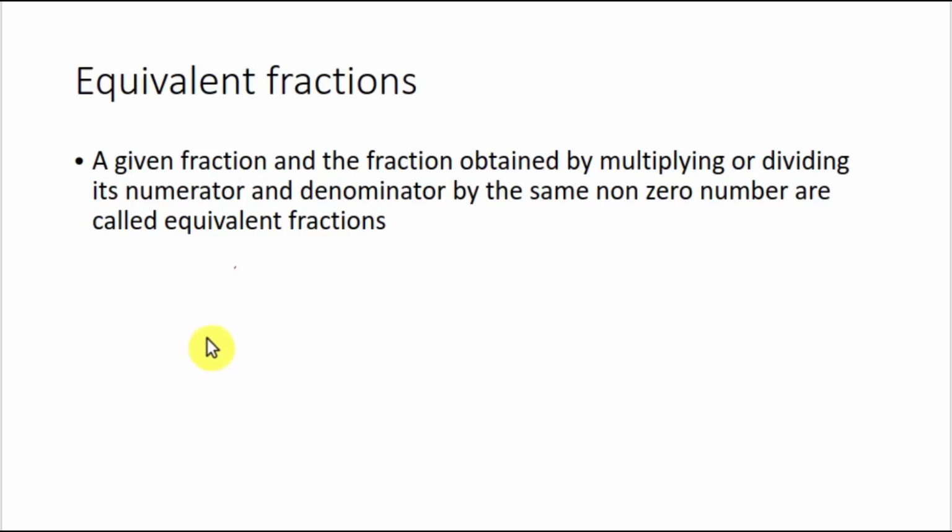The next is equivalent fraction. A given fraction and the fraction obtained by multiplying or dividing its numerator and denominator by the same non-zero number are called equivalent fractions. For example, 2 by 3, 4 by 6, 8 by 12, 16 by 24. I have written some fractions. The same non-zero number means except 0.